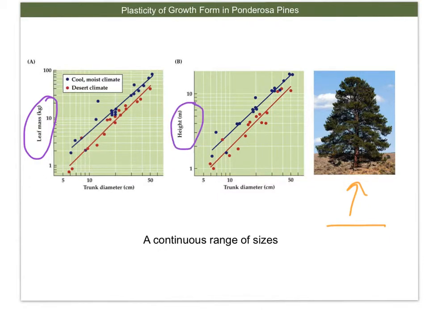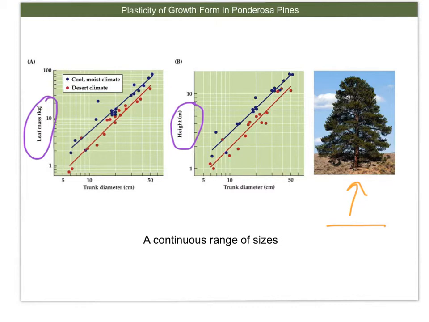And for either one, again, even for genetically identical individuals, those individuals that have been living in a cooler, moister climate have a greater degree of leaf mass, even relative to trunk diameter, right? And a greater height relative to trunk diameter over the range of different trunk diameters.